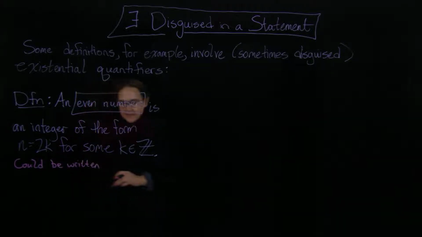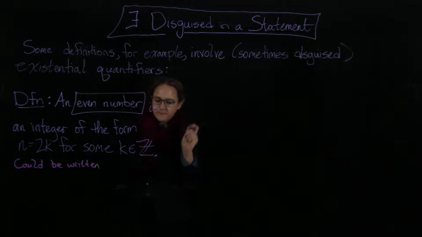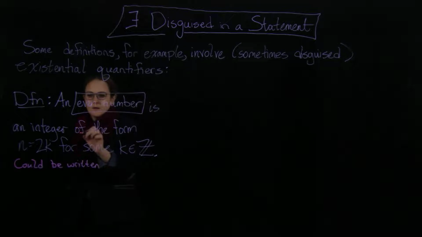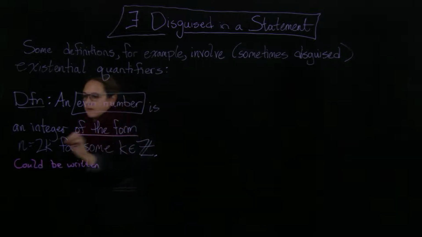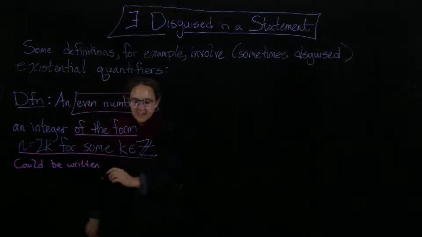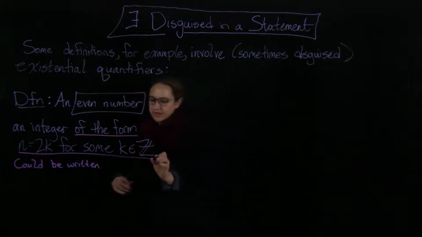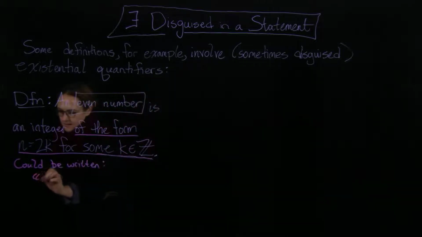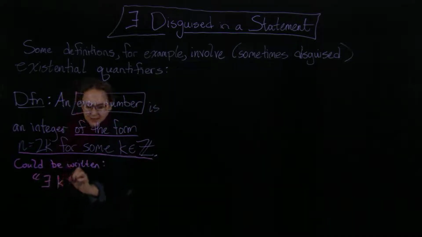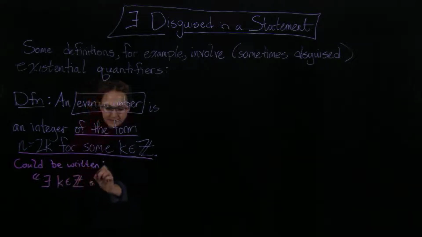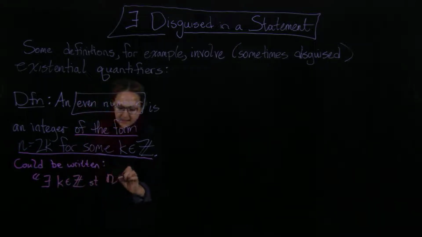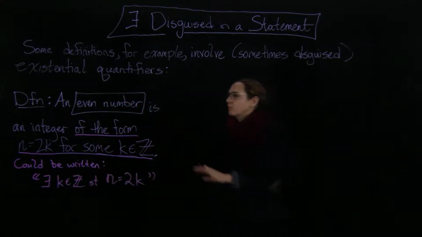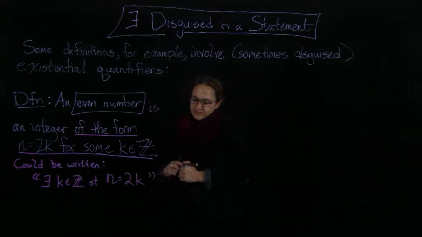The part where I say "of the form n equals 2k for some k in Z" could be written as: there exists an integer k such that n equals 2k. So the existence statement is actually hidden in here.